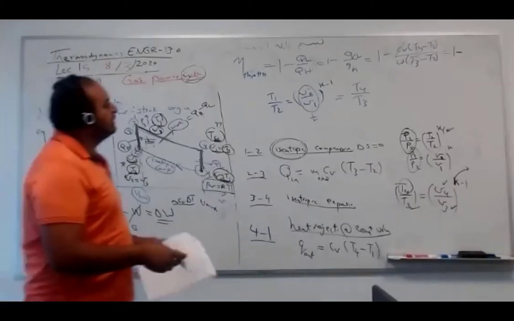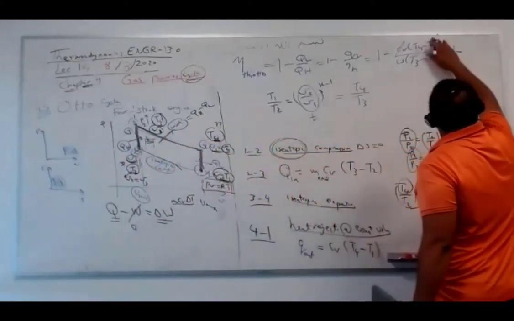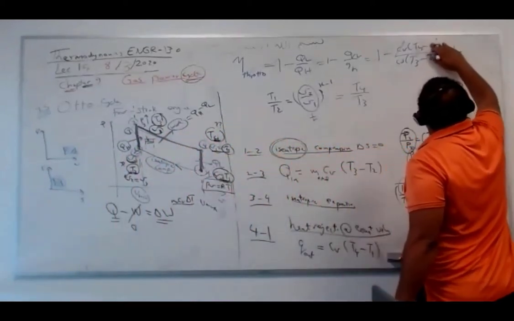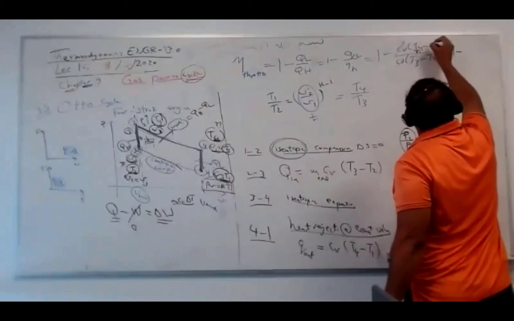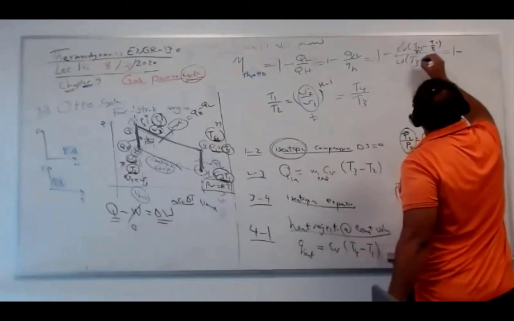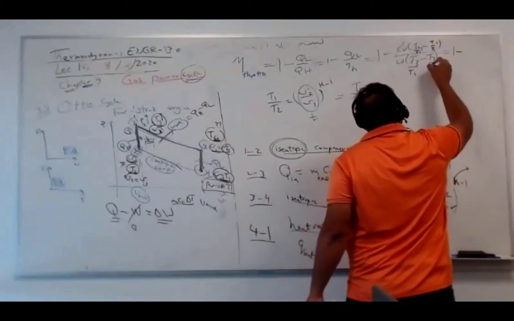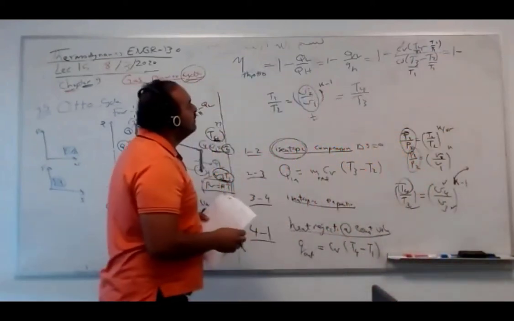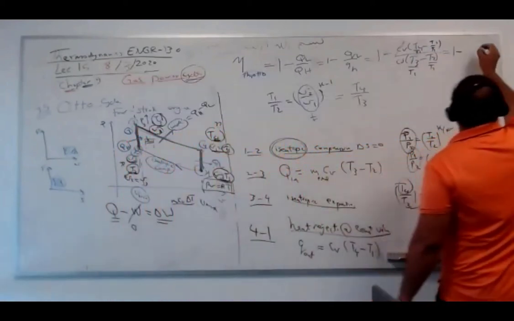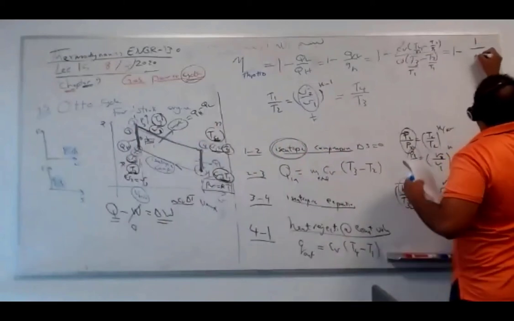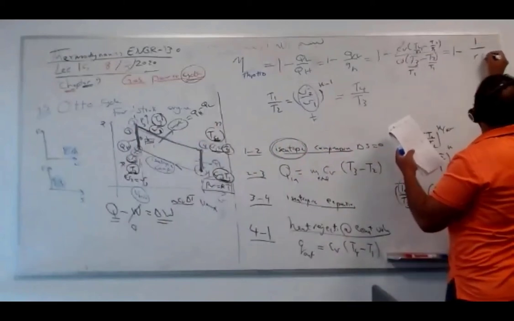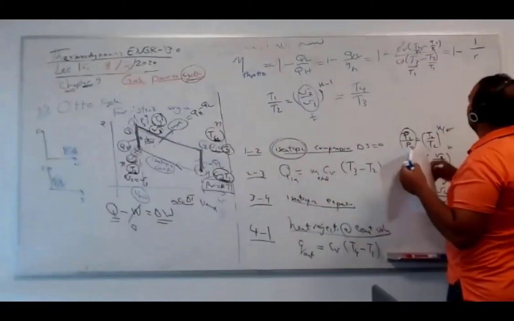If we divide by T1, T1 over T1, and so on. If you manipulate it, you will finally get 1 over R to the K minus 1. Yes, correct.